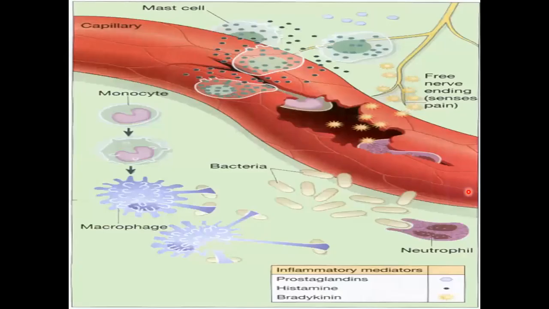Okay. So this is a diagrammatic representation of what we are talking about. So this tissue here is infected with bacteria. See, this is bacteria, then they have vessels in that tissue. So once there's this bacteria in the tissue, the cells of this tissue will produce various types of chemicals, these ones here. So these chemicals are produced.